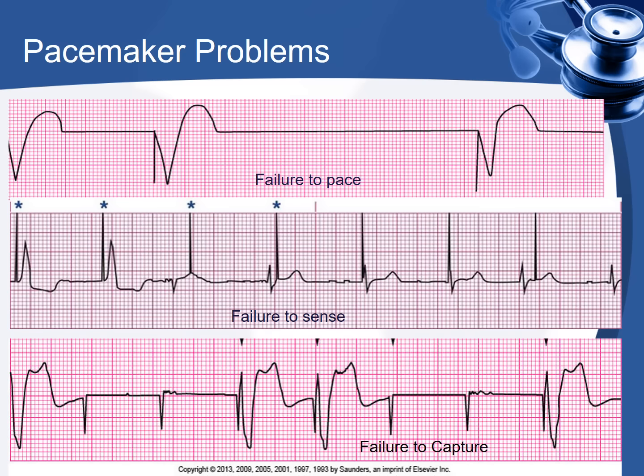We don't manipulate those leads. We don't do anything with them. With this type of problem, you would have to call your healthcare provider so that they can come in, either manipulate the lead, hopefully get it to touch where it can cause the heart to contract, or change the lead to a new lead so that if there is a break or a kink in it, we have that fixed.